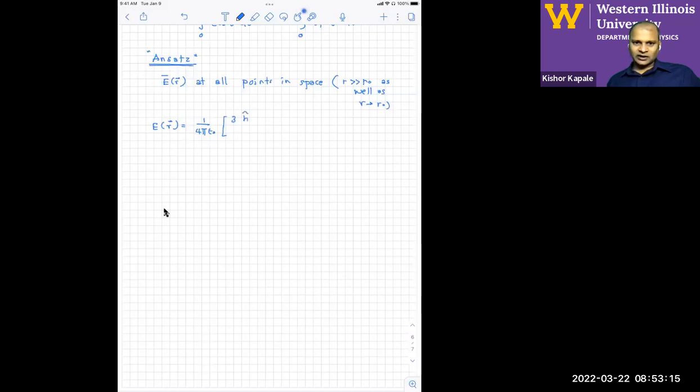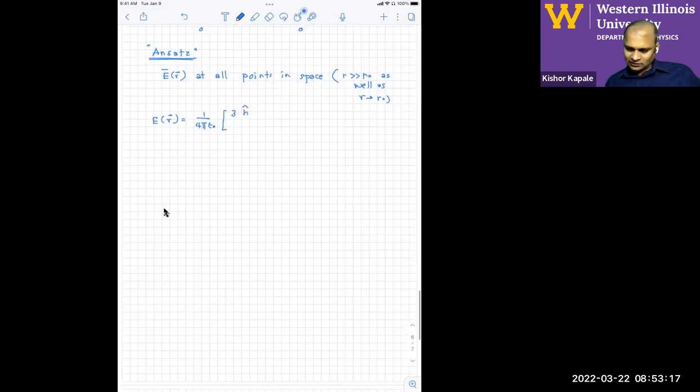Let's just use r hat multiplied by r hat dotted with p, minus p, over r cubed. Remember, this is valid only when you are far, far away from that volume. But what if you are not? What if you're closer to it?